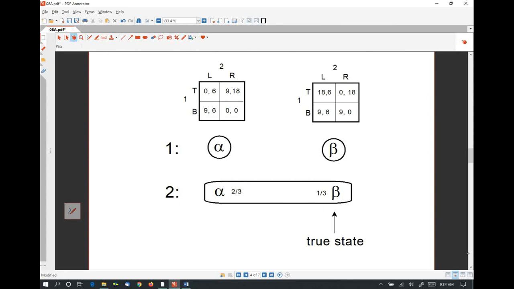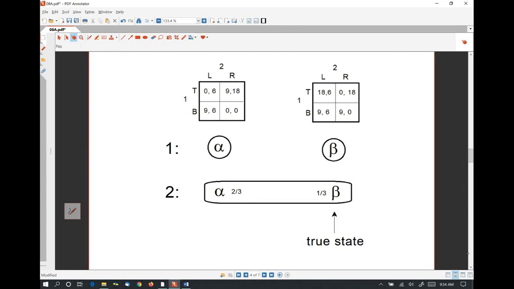This is what I've done in this picture here. There are two possible states, alpha and beta. In both states, we have a two-player strategic game where player one can play either T or B and player two can play L or R. These elements don't differ across states, so they are common knowledge among the players.